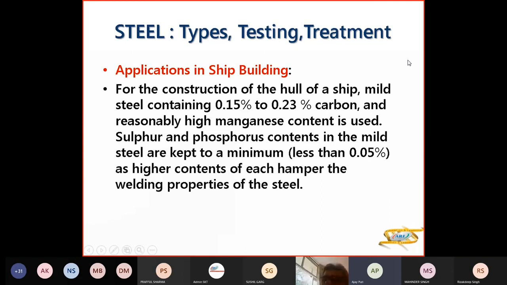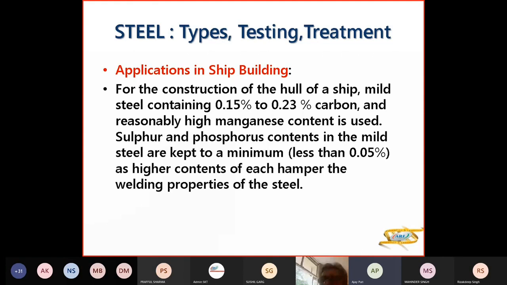Now, in application in shipbuilding, we had earlier done what are the properties of shipbuilding material. Carbon content should not be more than 0.3. Mild steel contains carbon content 0.15 to 0.23, which is good for shipbuilding.